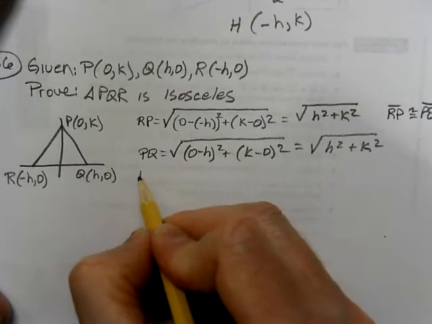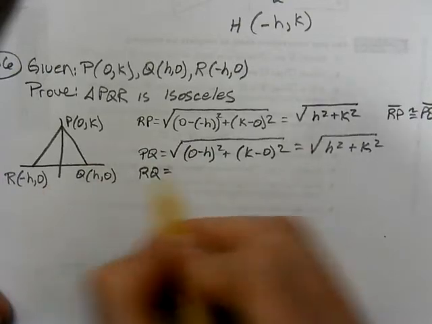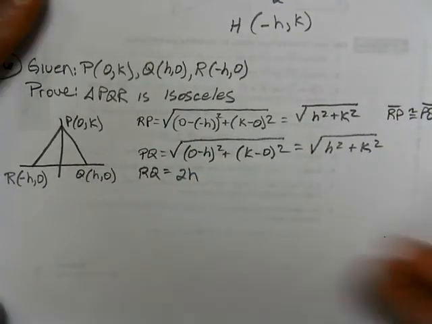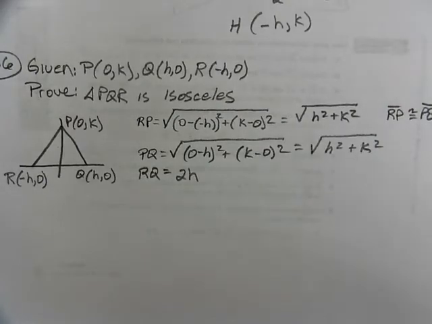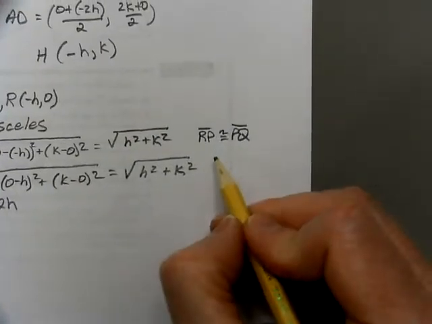We also know that RQ is 2h. So now we can say that this is isosceles because we have at least two sides congruent.